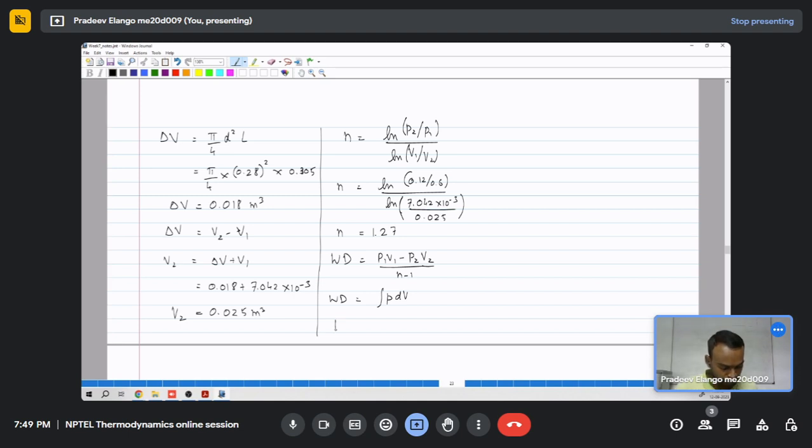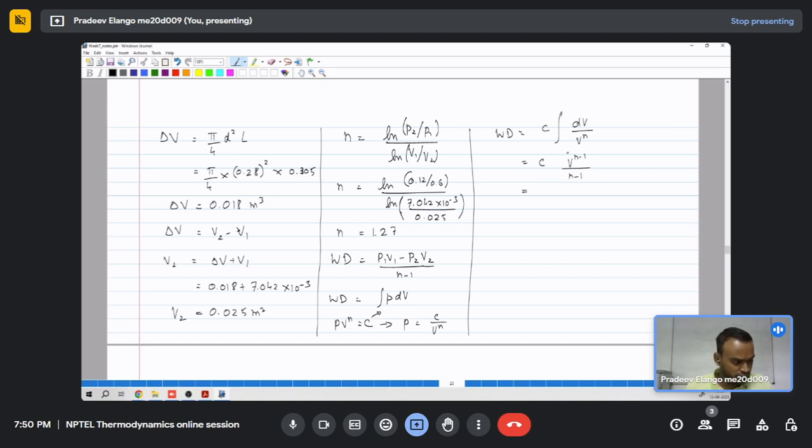We have PV^n equal to constant, so pressure is equal to constant by V^n. So work done is the constant into the integral of dV by V^n. The constant term can be taken outside, and the integral of dV by V^n gives V^(n minus 1) divided by n minus 1, and this constant is PV^n.